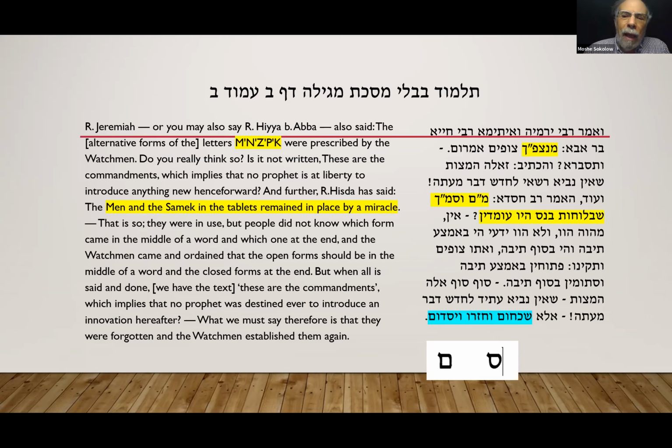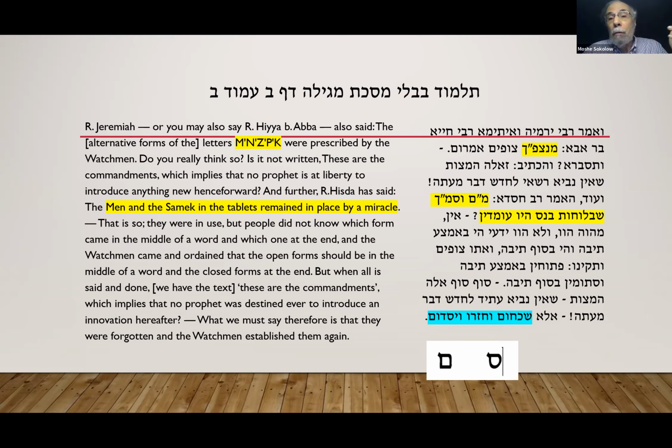Mizeh umizeh hem ketuvim. They were written through and through. From this, a certain rabbinic deduction is that somehow the letters on the luchot, on the tablets, were literally carved through the tablet.